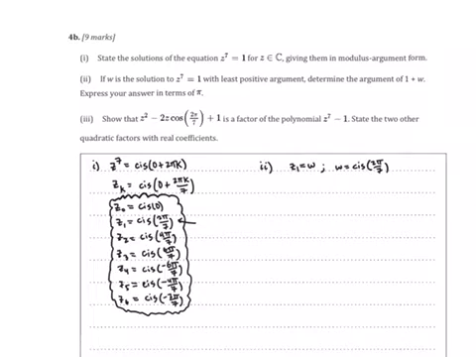Let's consider this. W has a real component, and it has i times its imaginary component. So if I take 1 plus that, that's 1 plus W. Now all I'm adding 1 to will be the real component, not the imaginary component.